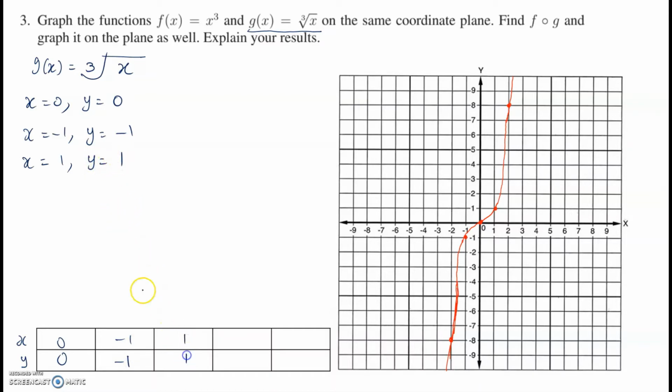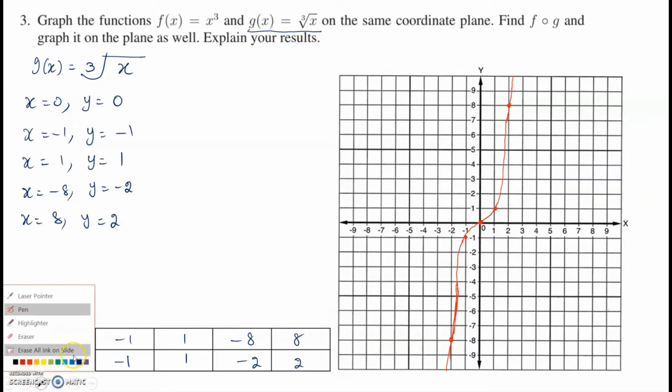So 1 and 1. When your x is equal to minus 8, then your y will be equal to minus 2. So minus 8 and minus 2. And when your x is equal to plus 8, your y will be equal to plus 2. So 8 and 2. So now let's plot the points on the graph. Let's use a different color.